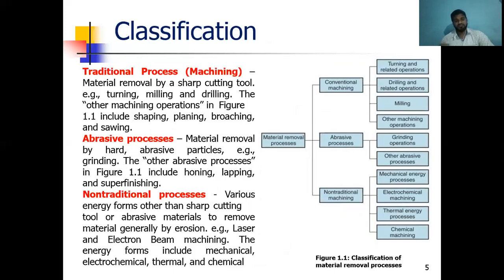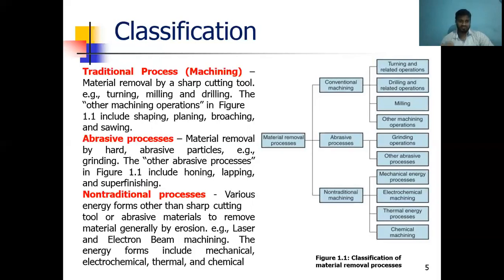So machining also has different classifications. The traditional process simply says material is removed by a sharp cutting tool.